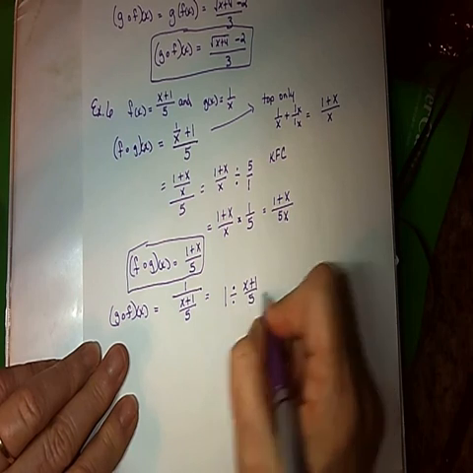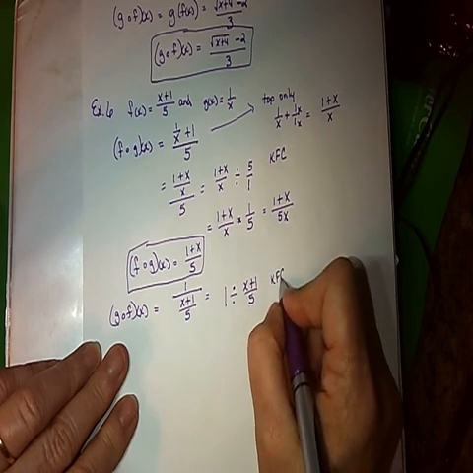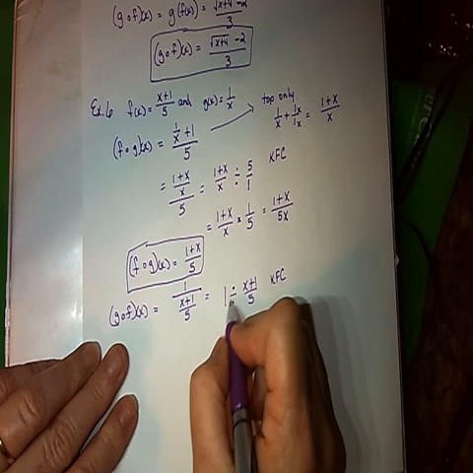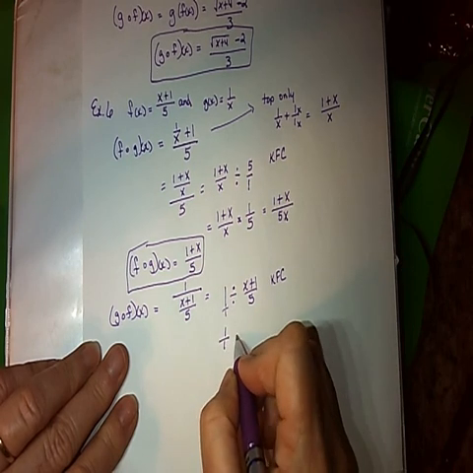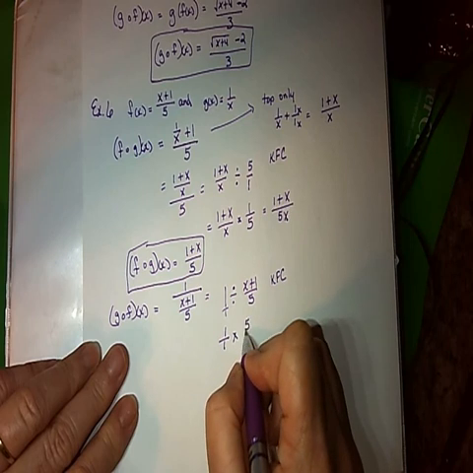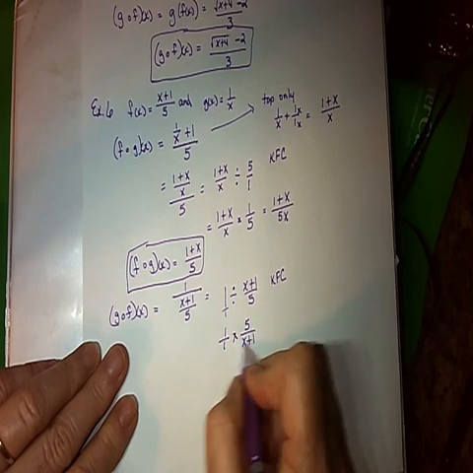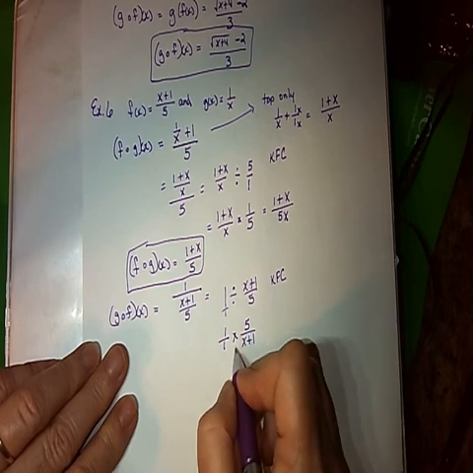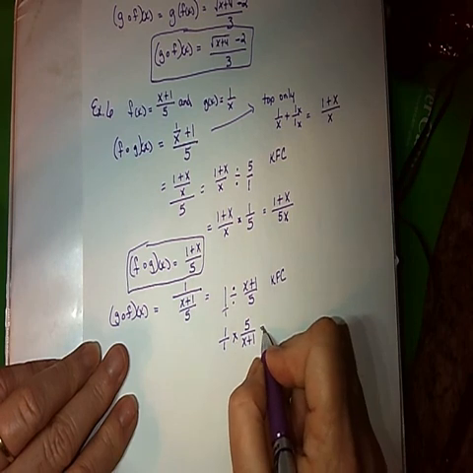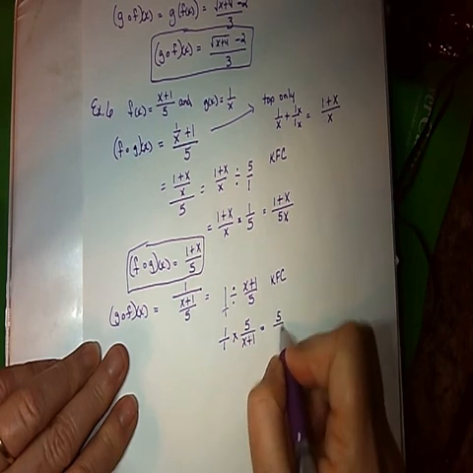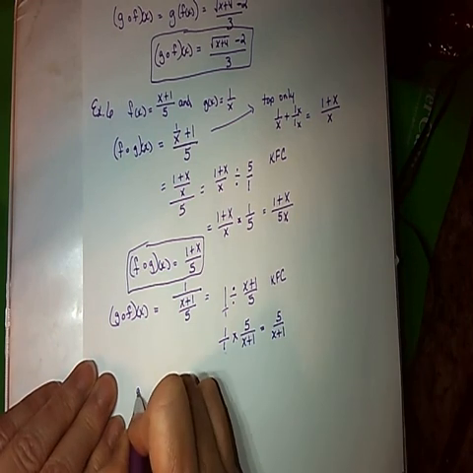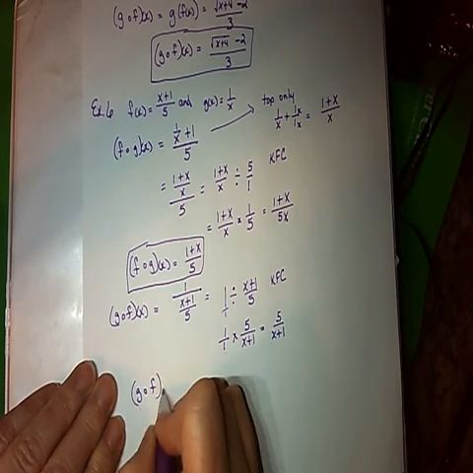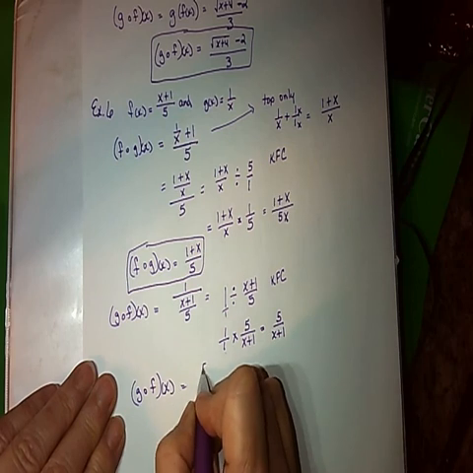I can do the keep, flip, change, because I can make this a fraction by putting it over 1. So I have 1 over 1 times 5 over (x plus 1), keep, flip, change. 1 times 5 is 5. 1 times x plus 1 is x plus 1. So the composite of g of f of x is 5 over (x plus 1).